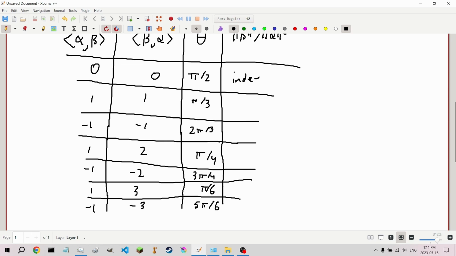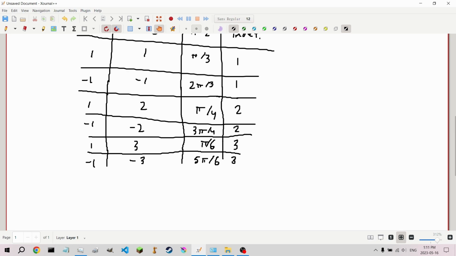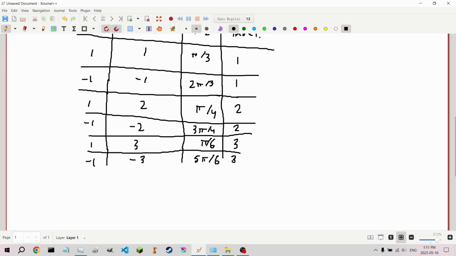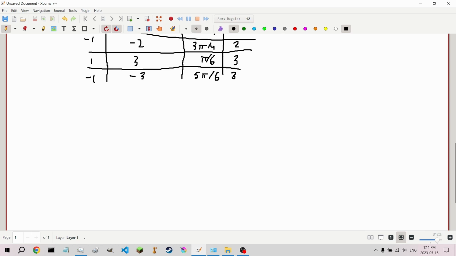This is an indeterminate form, and then we just have the ratio here, which you can get from the values on the left. And we see all of these in our diagrams.